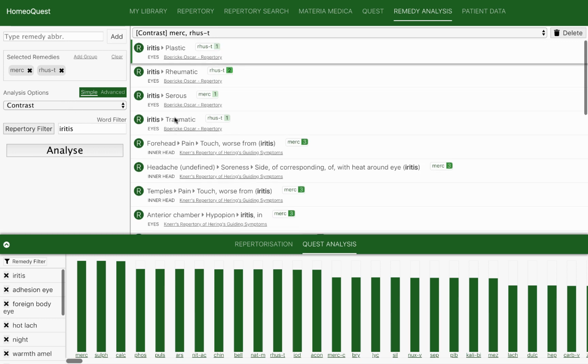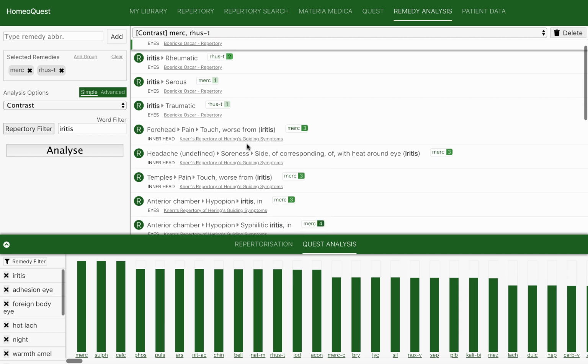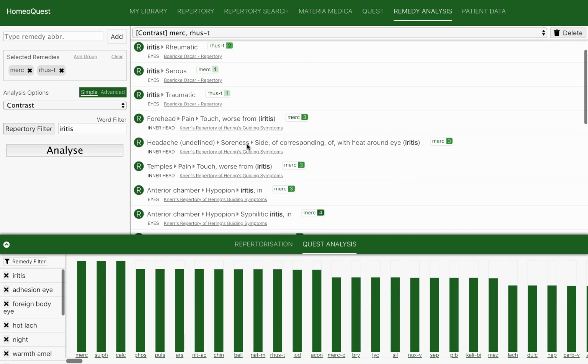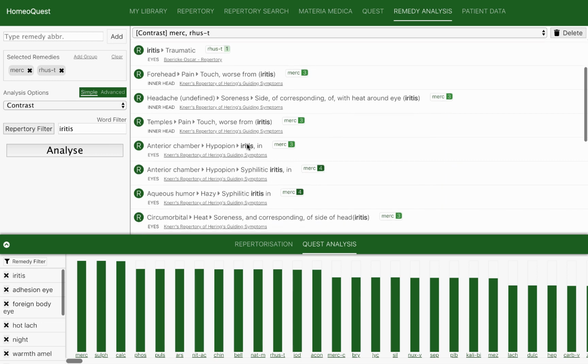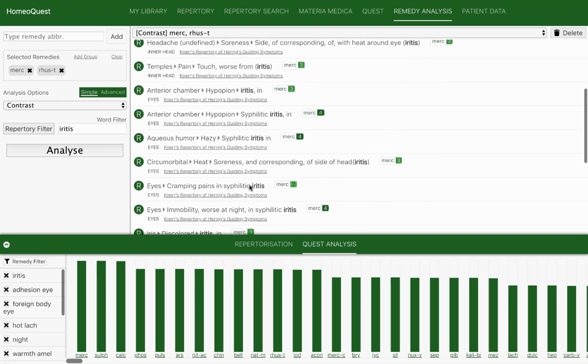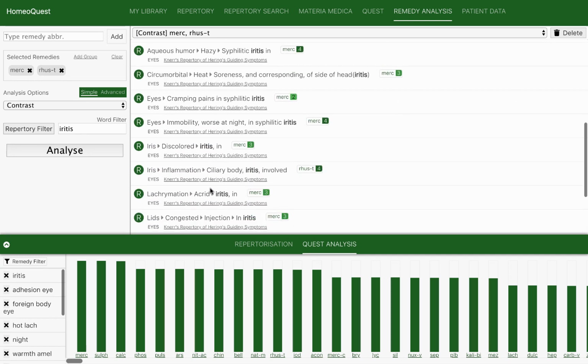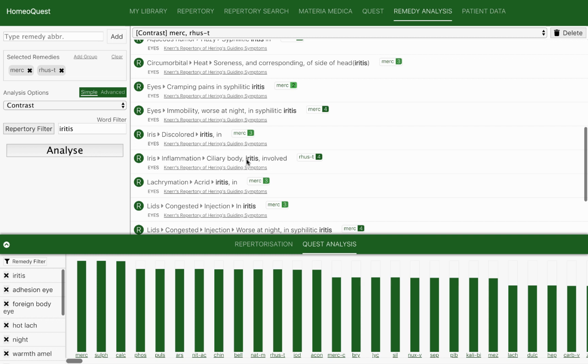So if it was a rheumatic type of iritis or some sort of injury to the eye, you would have taken Rhus tox there. But this is a more destructive, more pus formation, where the anterior chamber is filled up with all that hypopyon. This is where you go more for Merc. Again, you have the ciliary body involved.